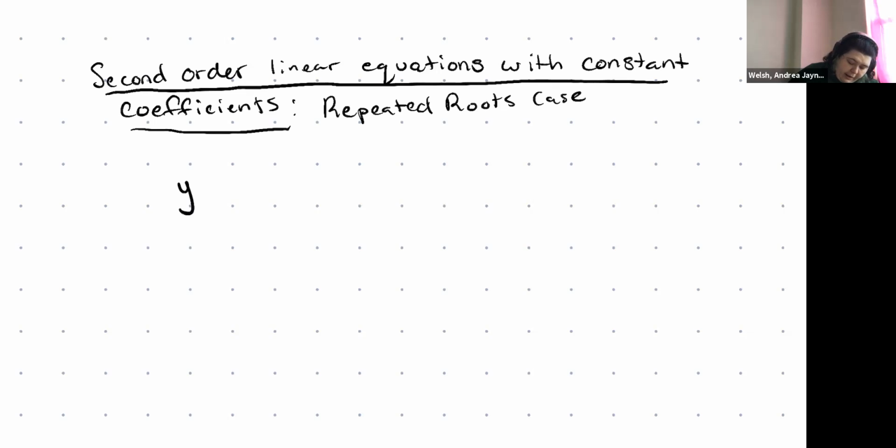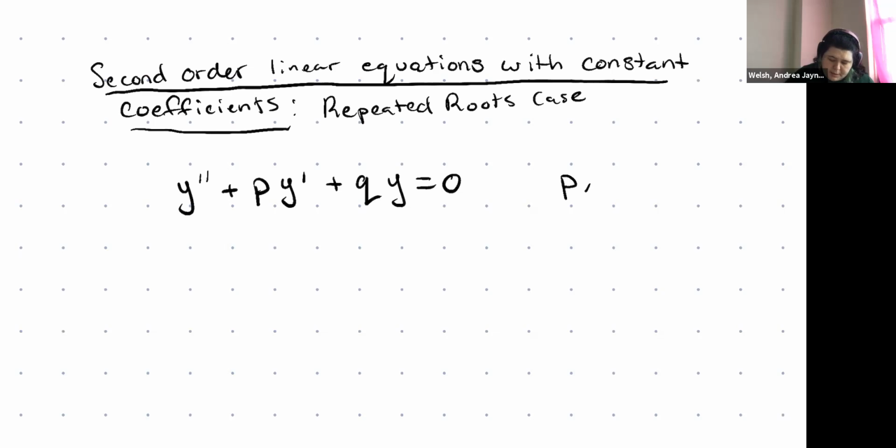So if I have a second order linear differential equation, which is y double prime plus p y prime plus q y equals 0, with p and q real constants, we saw that we could get three different cases.